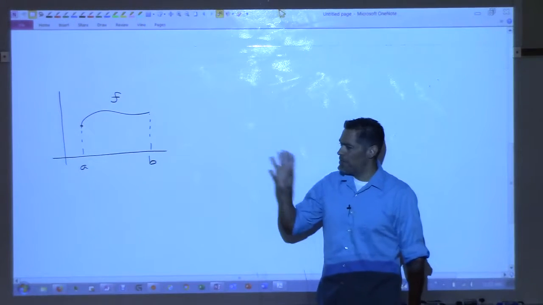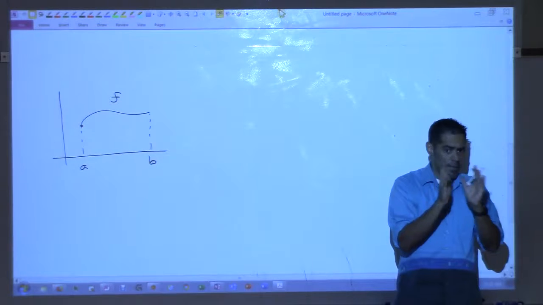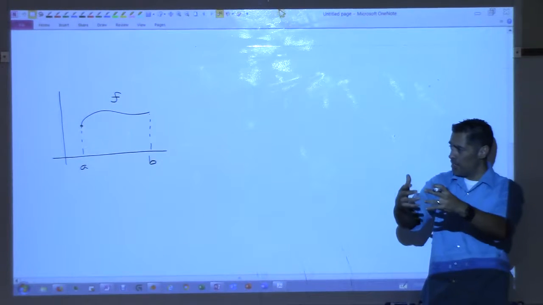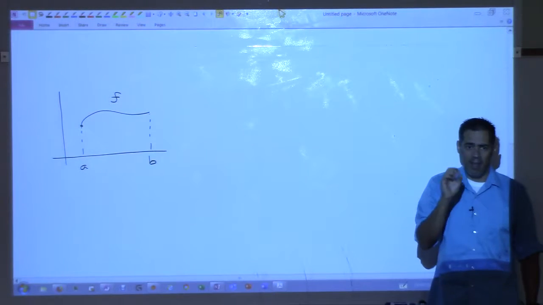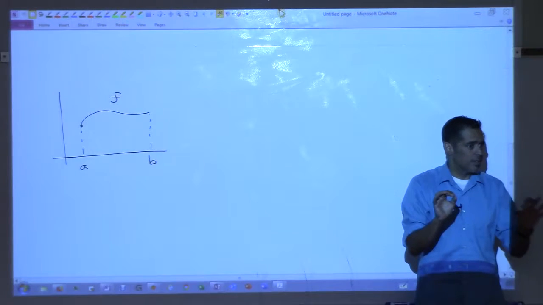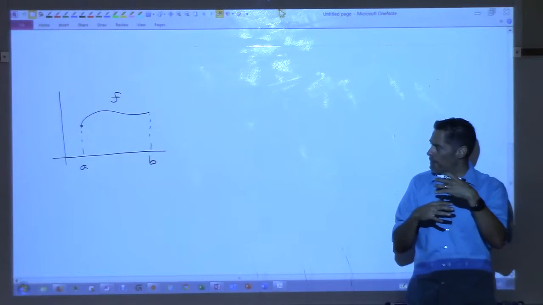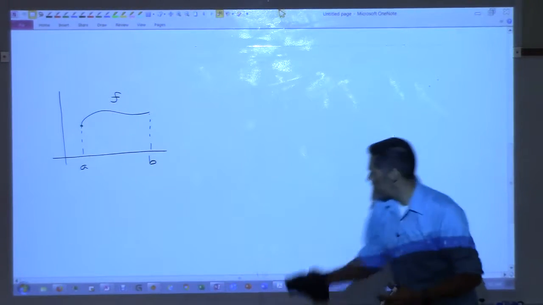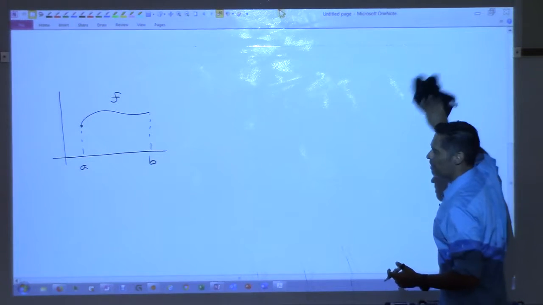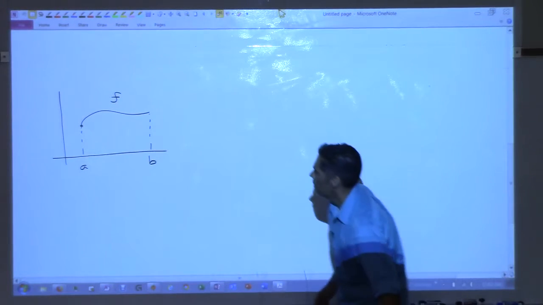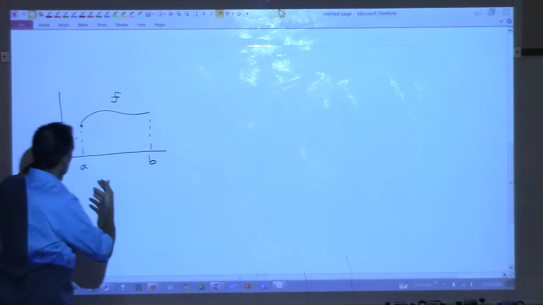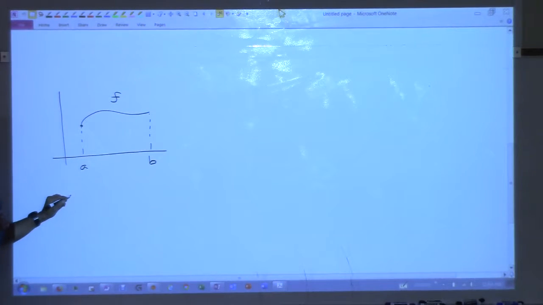Now, I'm going to put some stuff up here. It's going to be kind of visual, and it's important as we proceed through this class that you understand how the visual part of this connects to the notation that we use. So just trust me on this. It'll help later. The idea here was that we wanted to fill this thing with rectangles, right? And we wanted to let that number of rectangles go to infinity.